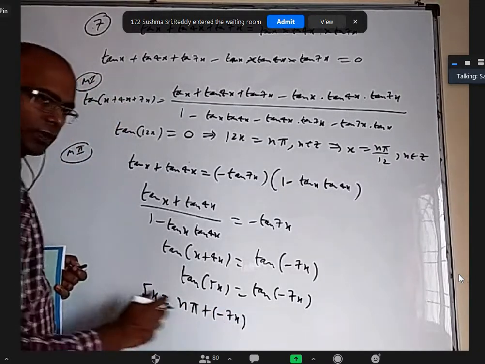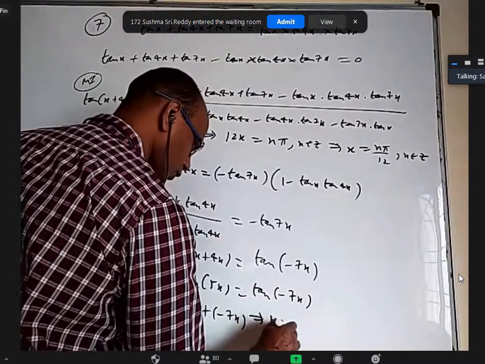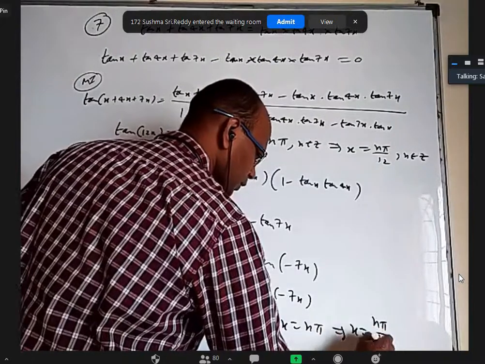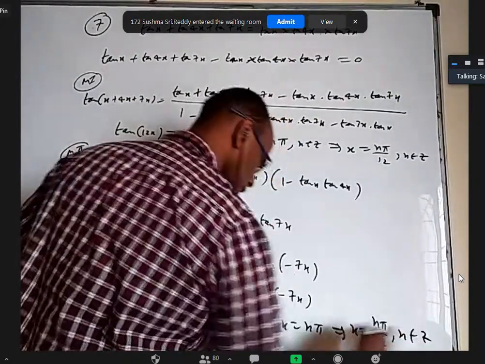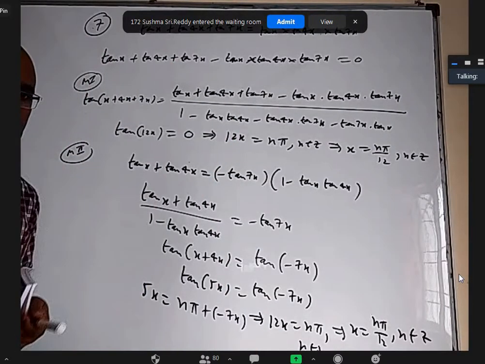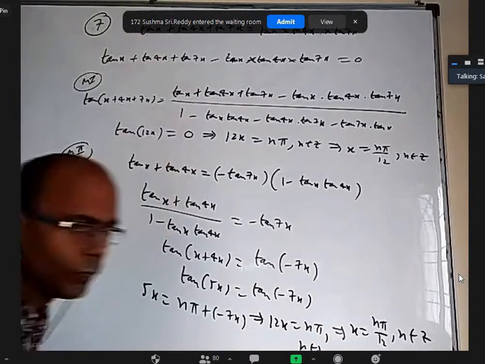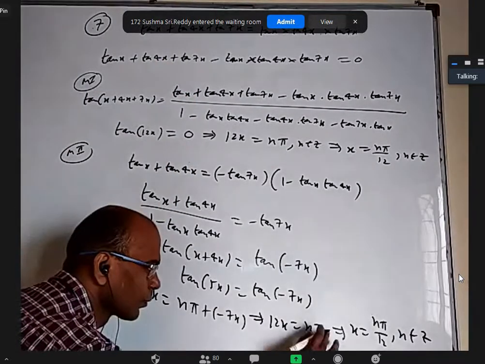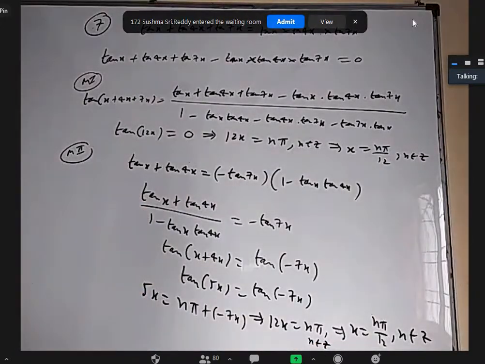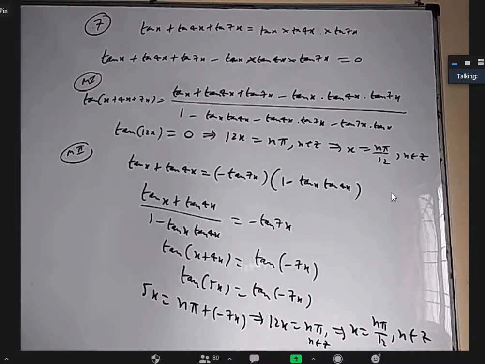When I bring this minus 7x here, I'll get 12x equal to n pi and x is equal to n pi by 12 where n belongs to Z. Of course, I'm supposed to write n belongs to Z every time. So both are giving the same answer, no difference.